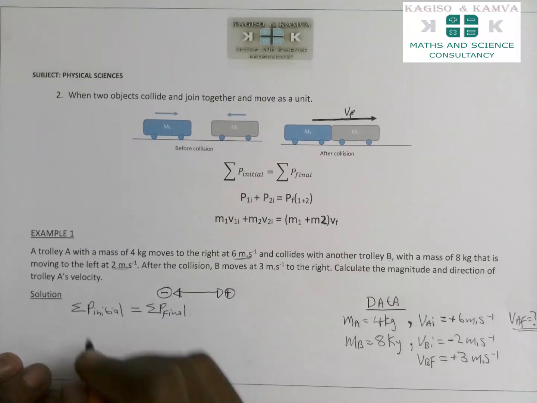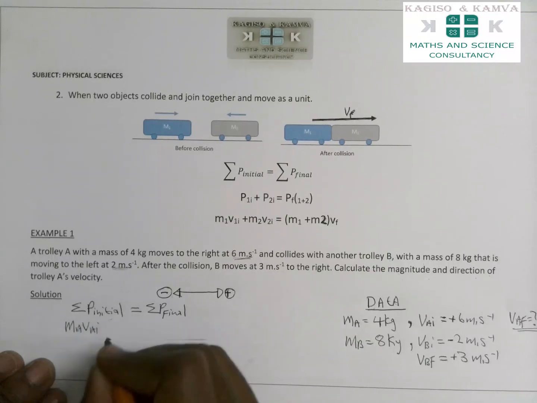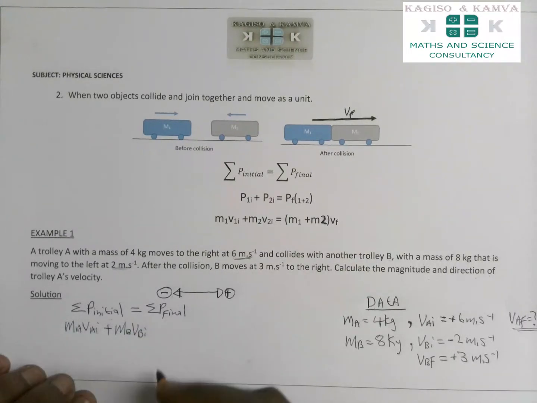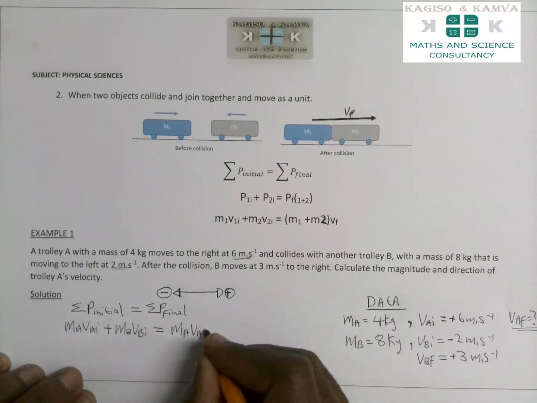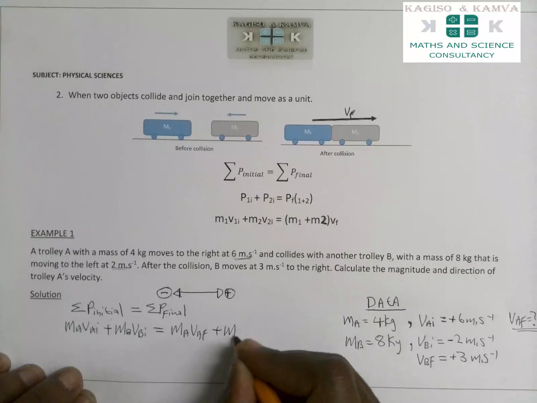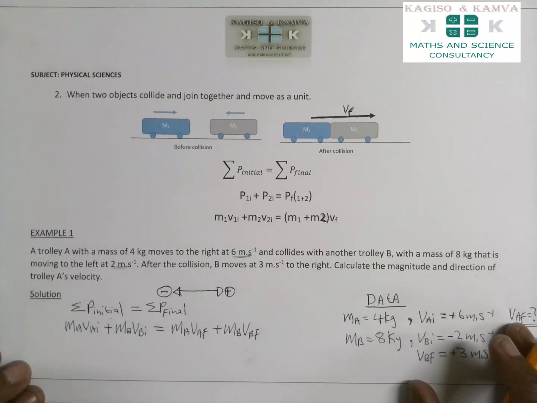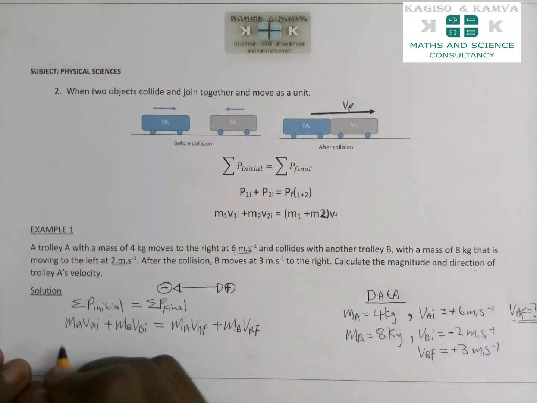That will be MAVAI plus MBVBI is equal to MAVAF plus MBVBF. And now we come to do the substitutions.